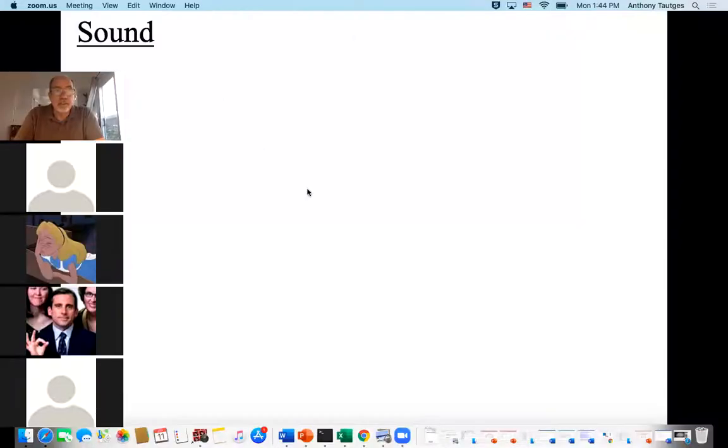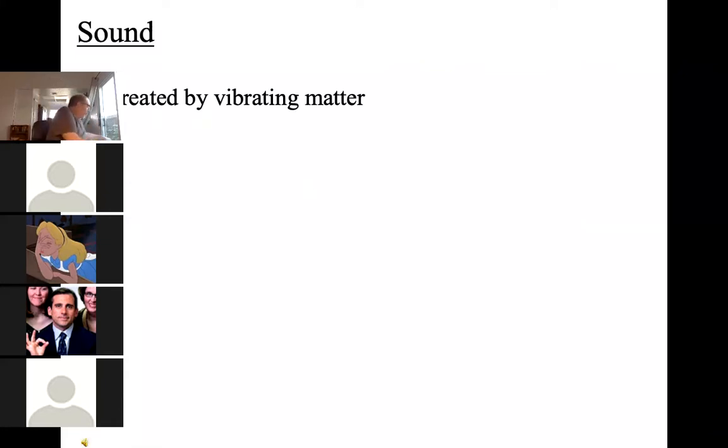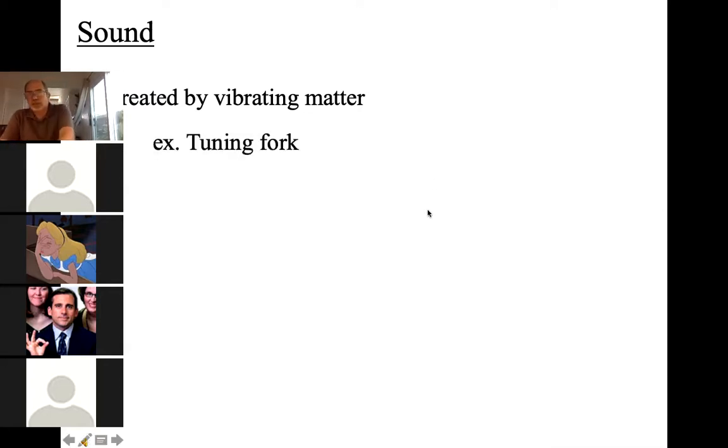So my point of all this is that sound is created by vibrating matter. Okay, sound is created by vibrating matter. All right, and as an example of this, we can talk about a tuning fork.